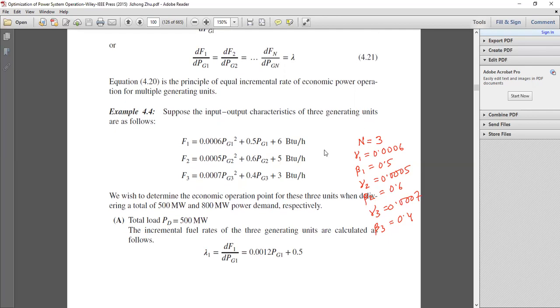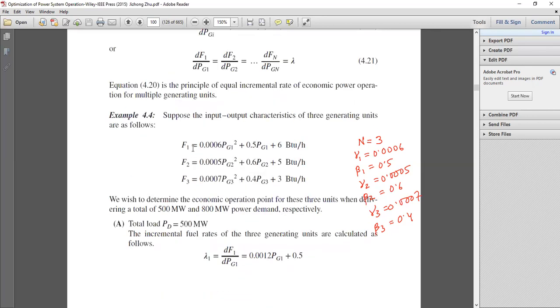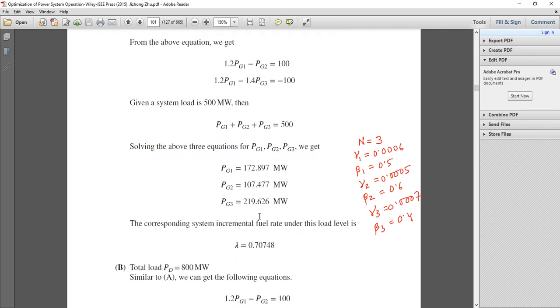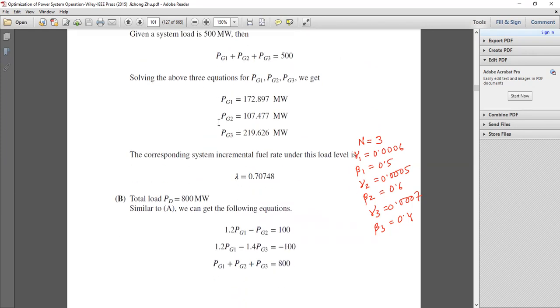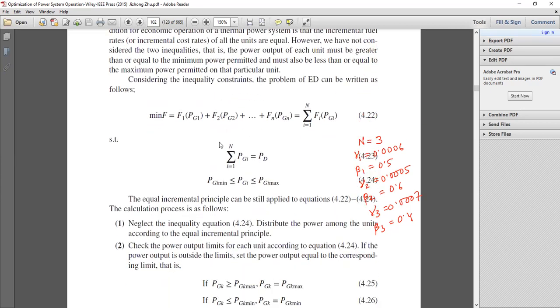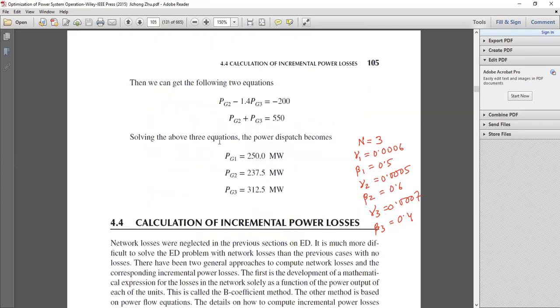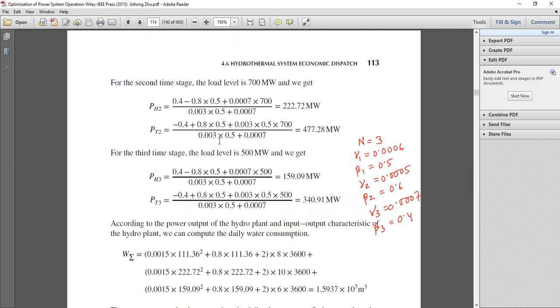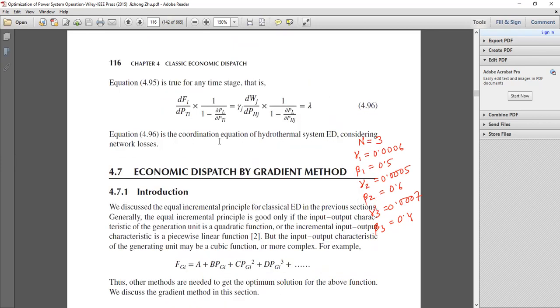Of course, for a quadratic fuel cost function, we know how to solve this problem easily using the Lagrange multiplier method, and that is actually shown in example 4.4. So just for demonstration purposes, they are sticking with the second order fuel cost function.